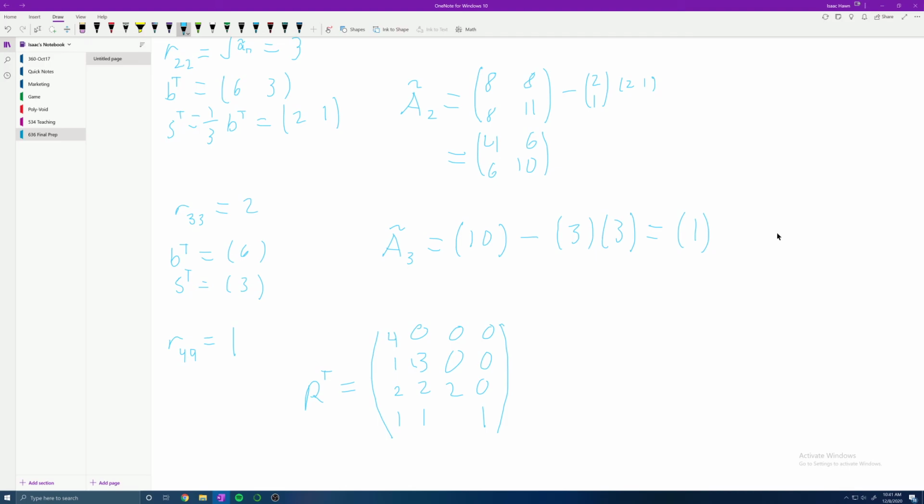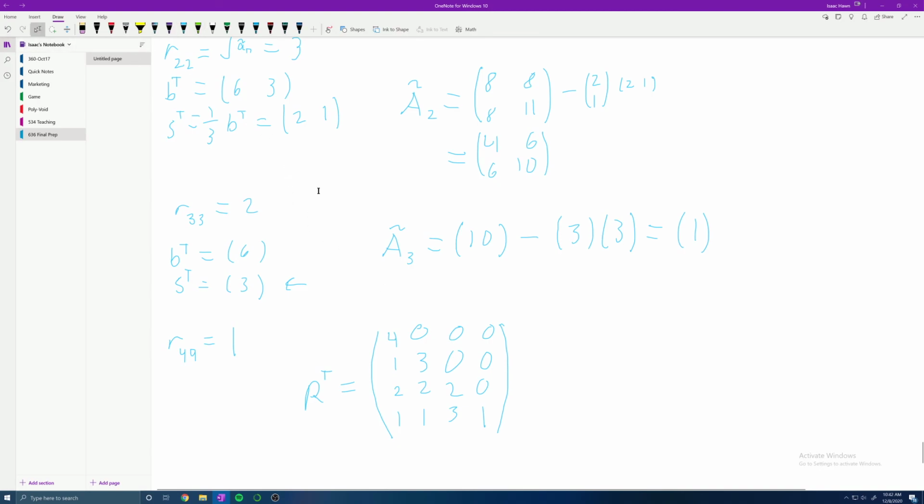And then S right here is 3. I'll get rid of that scratch right there that I accidentally wrote.